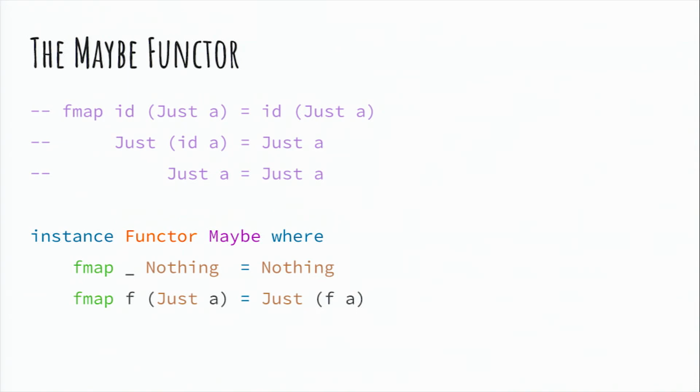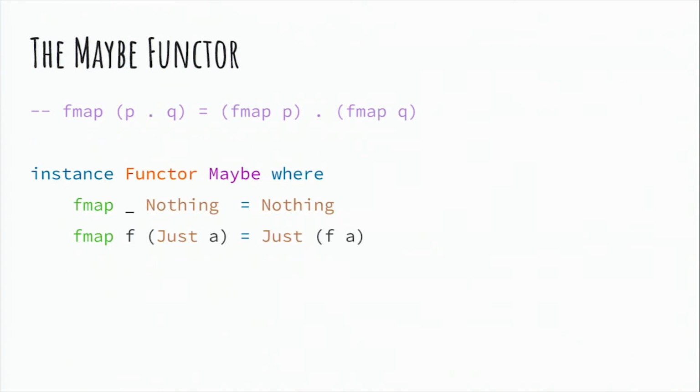And on the right, the identity function, we know it returns the same thing, so it's just A. So now we have Just A is Just A. So the first functor law, that fmap ID must be ID for that functor instance, holds for Maybe. Great. Now let's look at the other law that says fmap (P . Q).